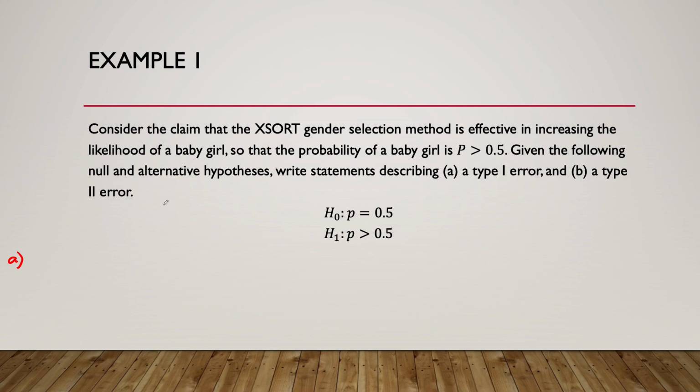So, for the first one here, we want the type 1 error. In order for us to do this, we have, in reality, p is equal to 0.5.